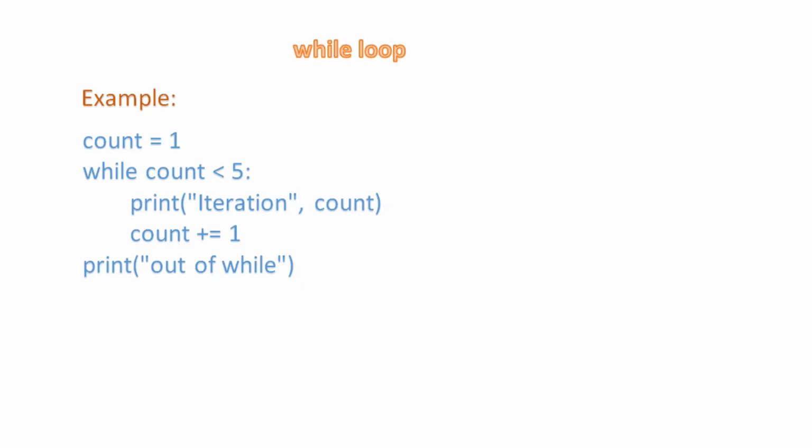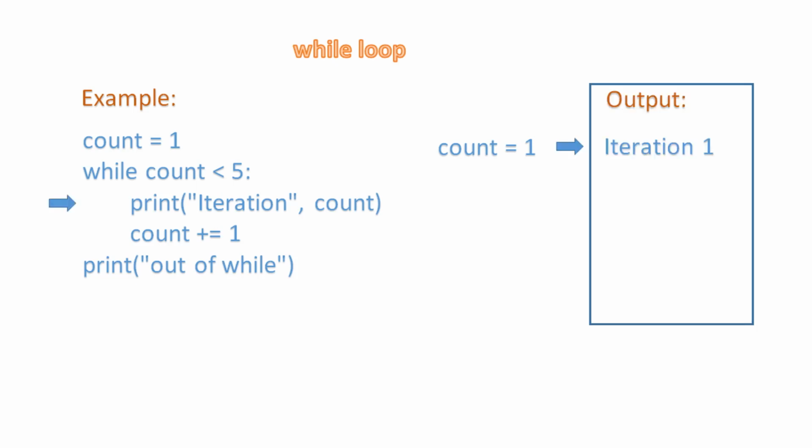Let's analyze the output while executing this program. Initial value of count is equal to 1. Checks the condition count less than 5. It is true. So it enters the while loop and prints iteration 1. Now I increment the count value by 1. So count is equal to 2.